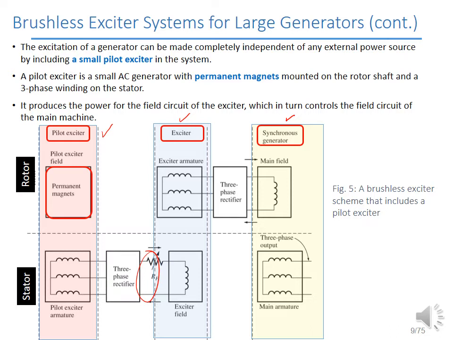Again, the difference between the pilot exciter and the exciter is that the pilot exciter is using a permanent magnet to generate the exciter field, which makes this system independent of any external power supply.